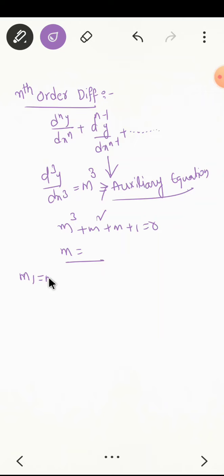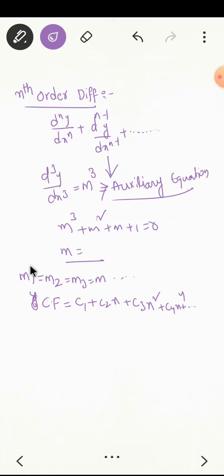So if m1 is equal to m2 is equal to m3 and so on, equal to m, in such a case the complementary function can be given as (c1 + c2x + c3x² + c4x³ ...) e^(mx). This depends on the number of terms. If you have only two roots, you get only two terms.